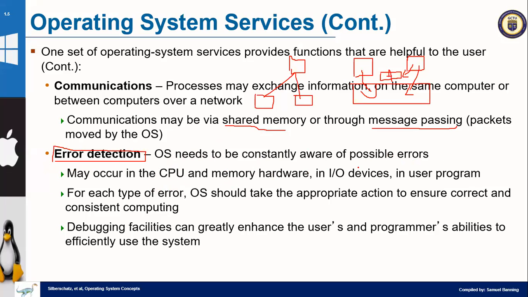It may occur in the input-output devices or even in the user program. Because of these varying types of errors, the operating system should take the appropriate action. So it must first detect what type of error it is, and then the appropriate action must be taken in order to correct the error, to provide consistent computing.